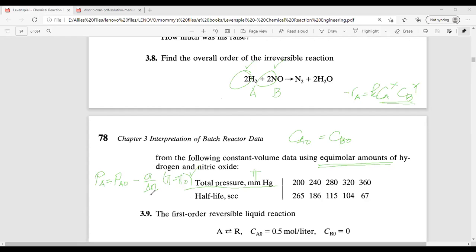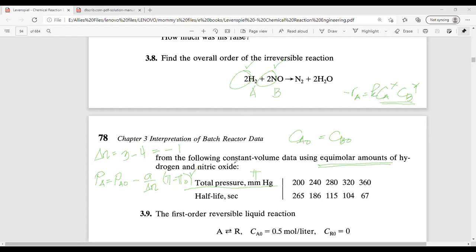What about the delta n? The delta n is equal to the sum of the stoichiometric coefficients of the products minus the sum of the stoichiometric coefficients of the reactants. In this case, your delta n will be 3 minus 4, and your delta n is negative 1. You get it?